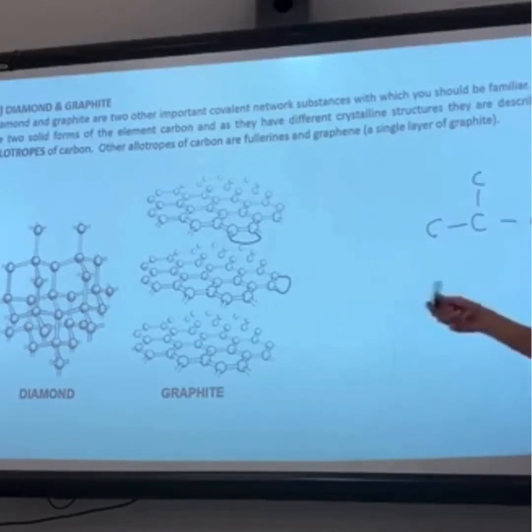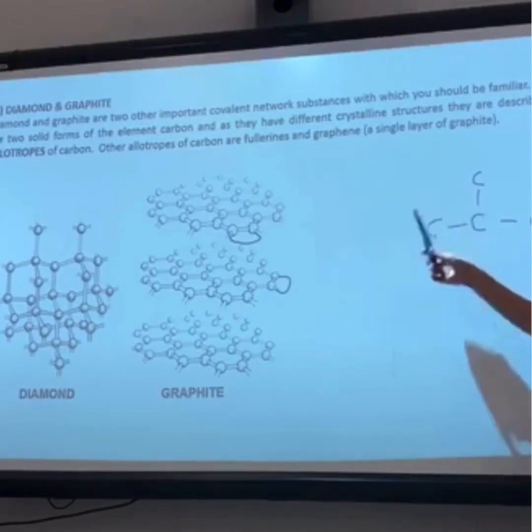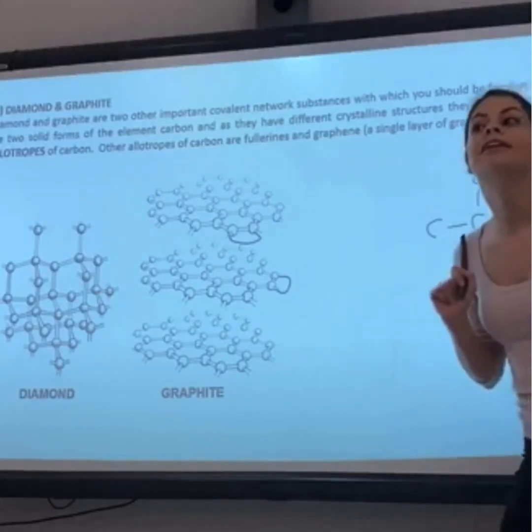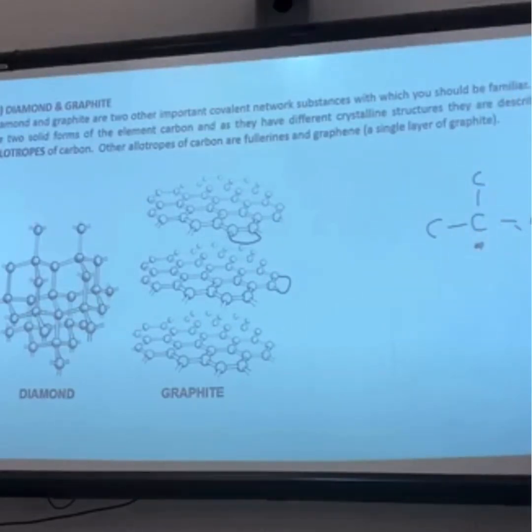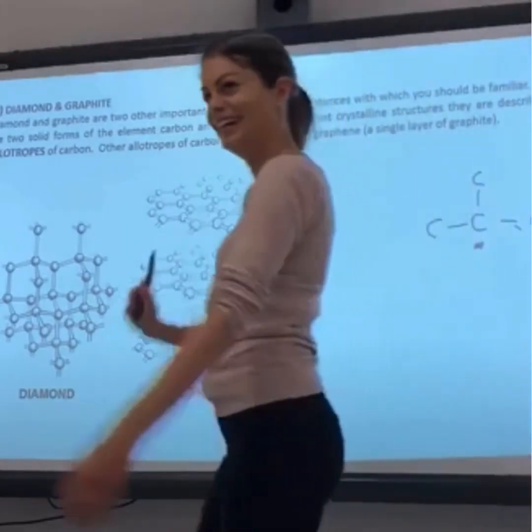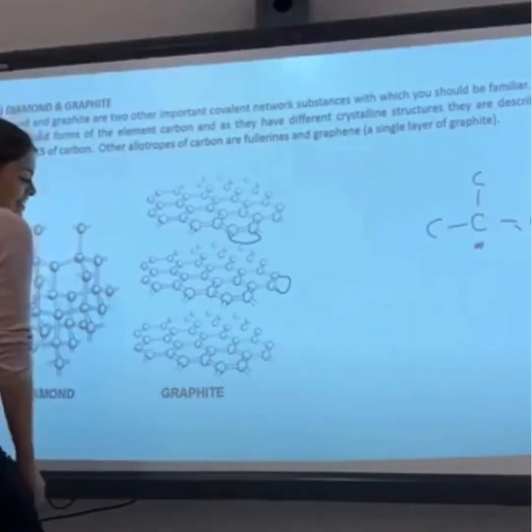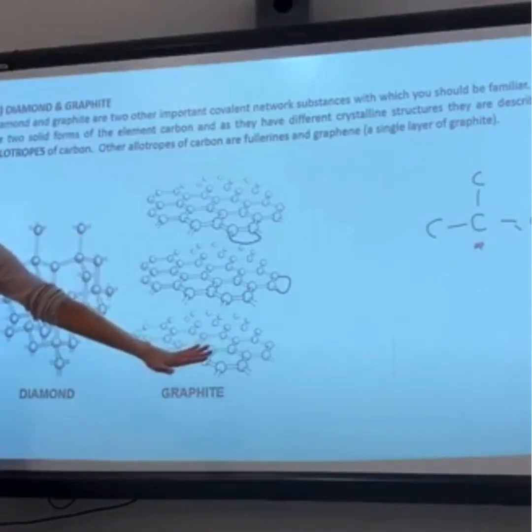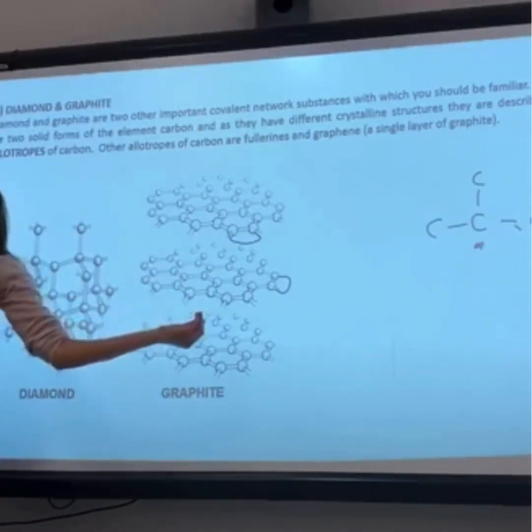Okay. So we know that carbon has 4 unpaired electrons. If it only bonds to 3 other carbons, what happens to my last unpaired electron? It starts with a D. Delocalized. Every carbon atom releases an electron, and it becomes delocalized.